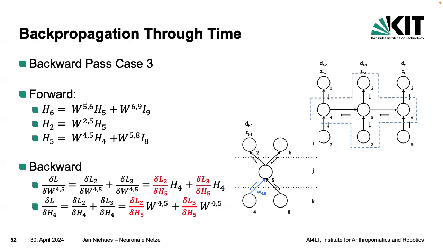So the overall loss at 4 or 5 is the loss at 2 plus the loss at 3. The loss at 2 is coming via 5 and then 2, and the loss at 3 is coming via 5 and then 6. So you just sum up the 2 losses and multiply them exactly the same way. So it's also similarly possible.